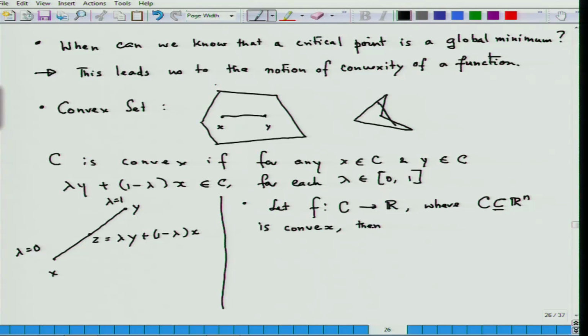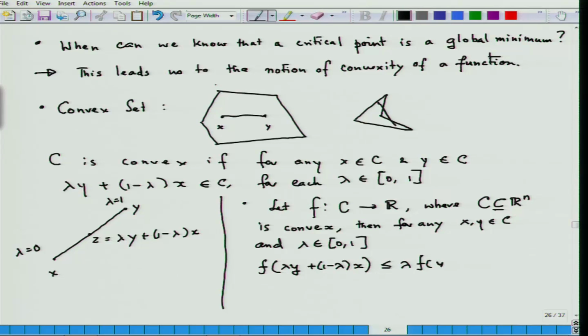Then for any x, y in C and lambda in [0, 1], f of lambda y plus 1 minus lambda x is less than or equal to lambda f of y plus 1 minus lambda f of x.